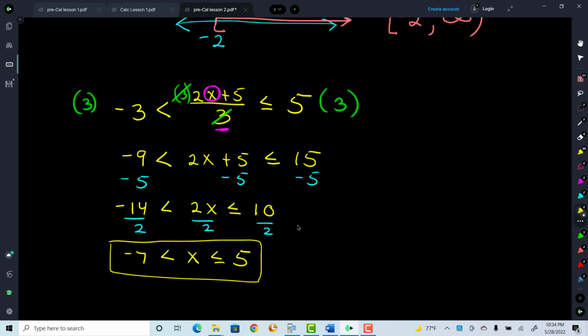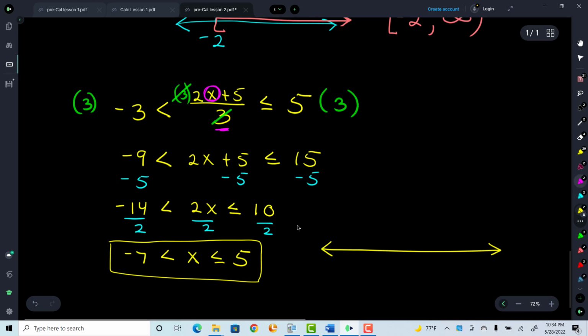What's that look like on a number line? Well, I like the solutions when they're written in this form because it makes sense to me. The x is between -7 and 5. So let's put our -7 there. Let's put our 5 there.